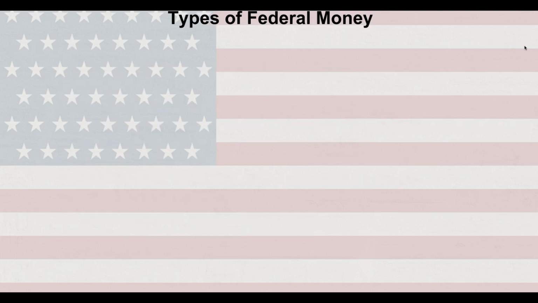Now, all of federalism is really going to hinge upon the types of federal money that is going to be given to state and local governments. And by and large, when federal money is given to state governments, it is going to be a carrot and stick approach. Sometimes there's going to be an incentive, and sometimes there's going to be a punishment. It just depends on what the program is, what the situation is.